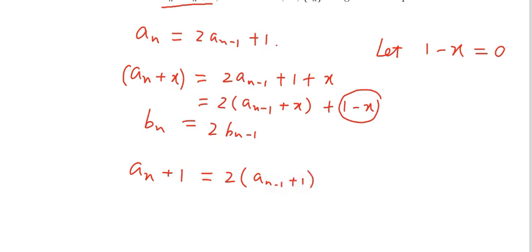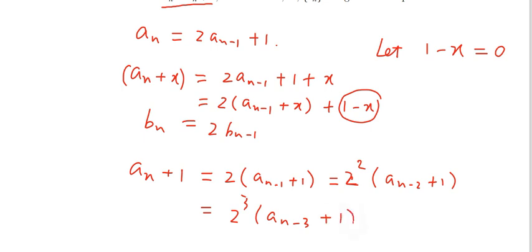So we regard a_n plus 1 as one term. From here we can say this equals 2 times this, and then 2 squared times a_(n minus 2) plus 1, and we also can say a_(n minus 3) plus 1.